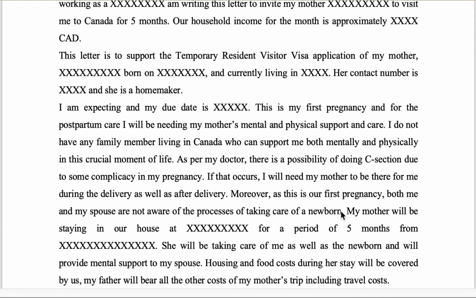So here what I did is I explained my situation as thoroughly as possible. The officer who is reading the letter should understand the situation you are in. We being here, we didn't have any support, anyone, any of our family members over here.